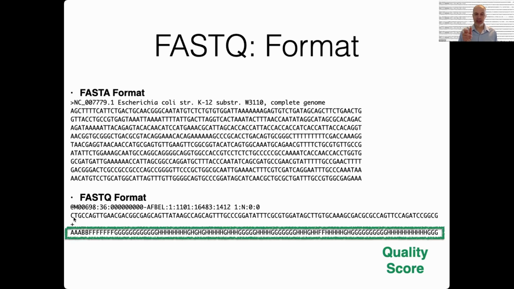Because remember that the sequencer is like a ruler or a scale. It's an instrument for measuring something, and there's always error in measurement. And so this C is never 100% guaranteed to be a C.